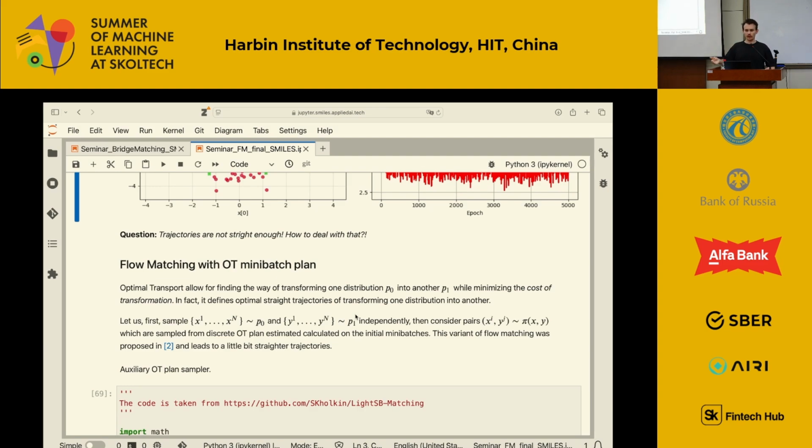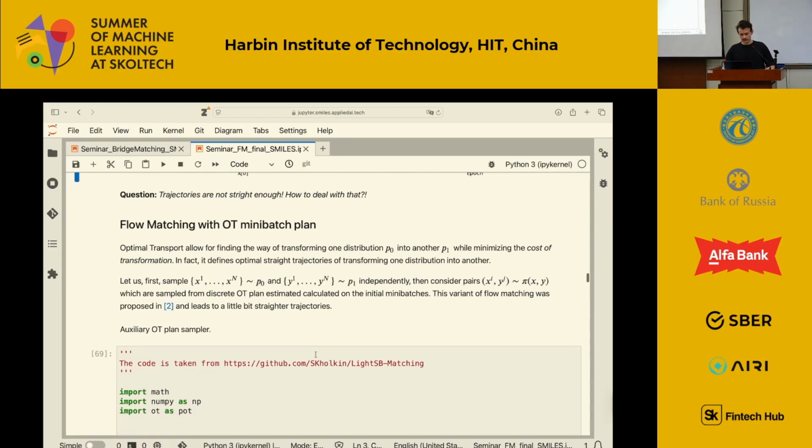It can be converted to a linear optimization problem, which is solved, I believe, in cubic time in the number of samples. If your batch is not that big, you can actually solve this optimal transport problem on a mini batch and use the transport plan that you get in the training of your flow matching. This would be better than the independent plan, but it requires some computation.